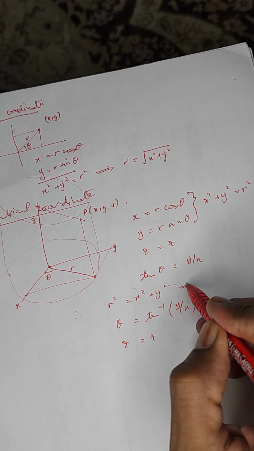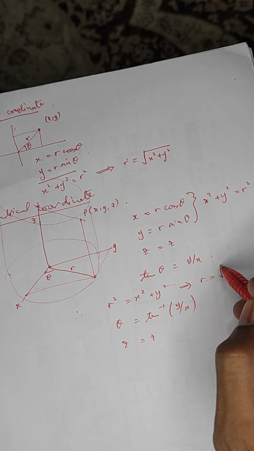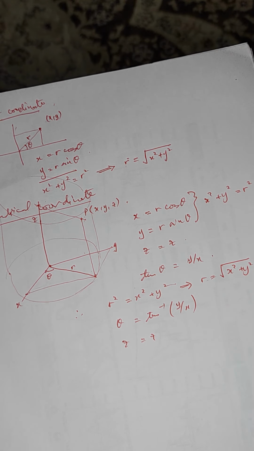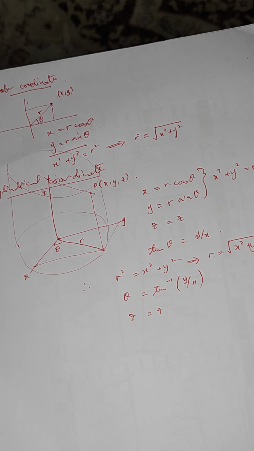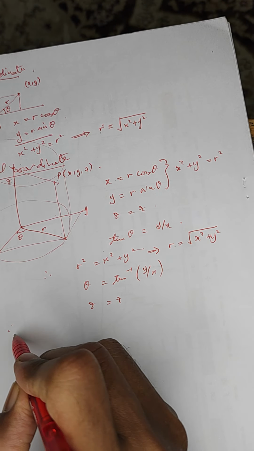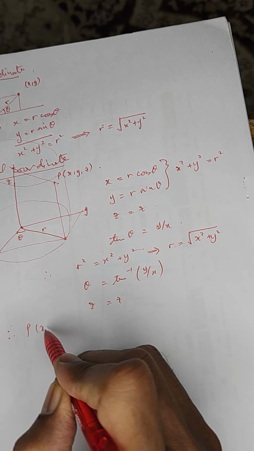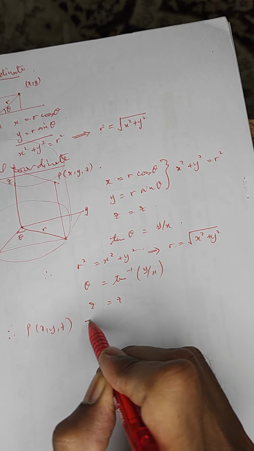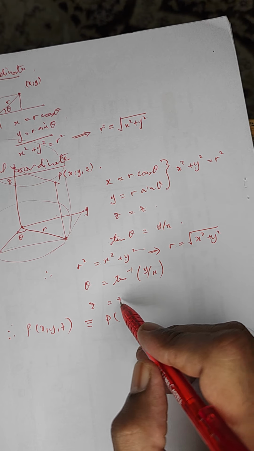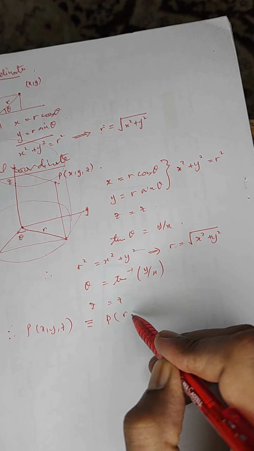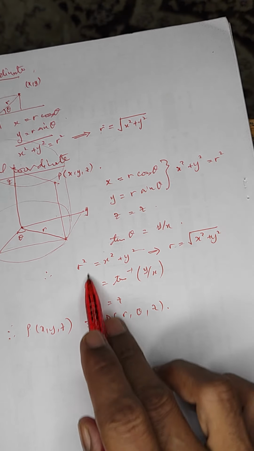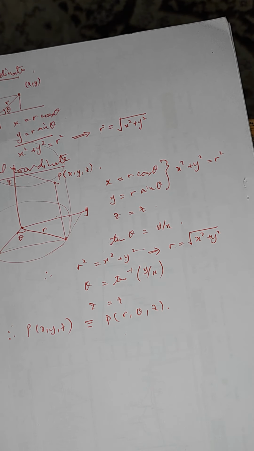Of course, from here again we have r equal to the square root of x squared plus y squared. So the point P, x, y, z can be represented as a point P with coordinates r, theta, and z, where r, theta, z are given here.